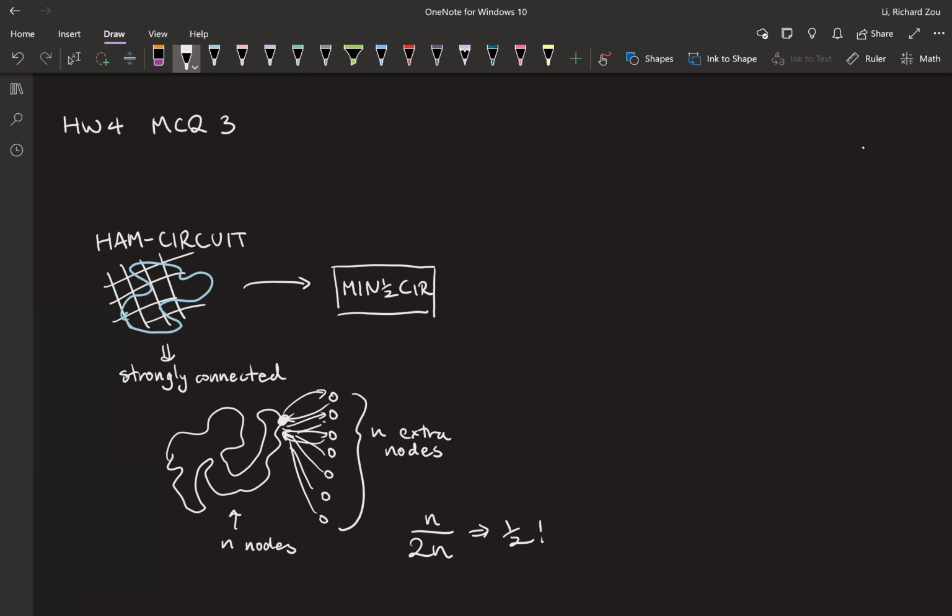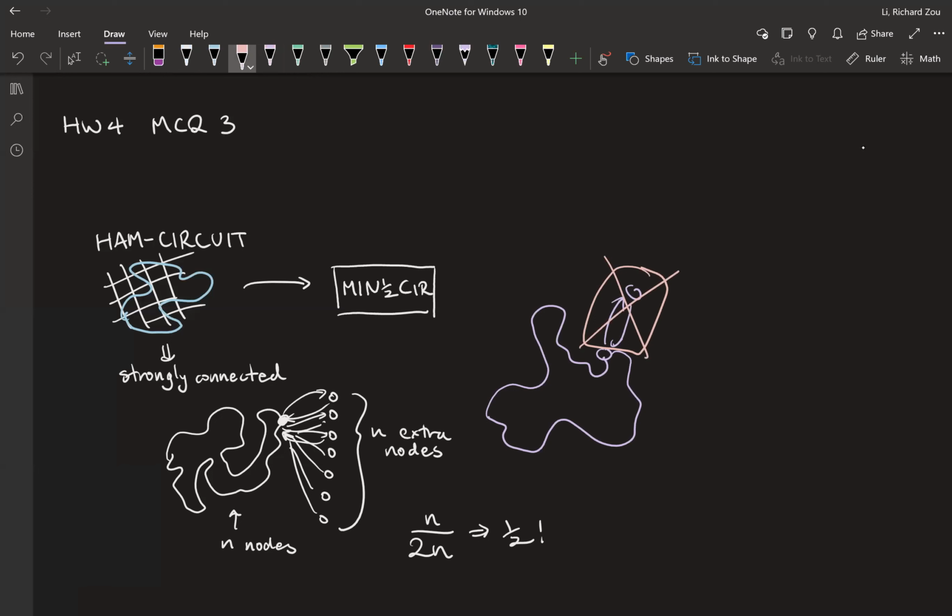So let's just say that we find some other circuit in the graph. And at some point we go to that extra node and back, because that's the only connection. What we can always do is say, okay, let's just take these two nodes and take them out. This will 100% reduce the number of edges in this graph, or reduce path length, right?